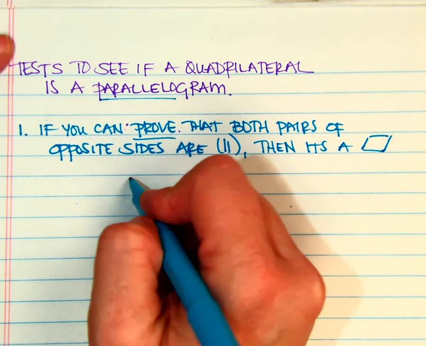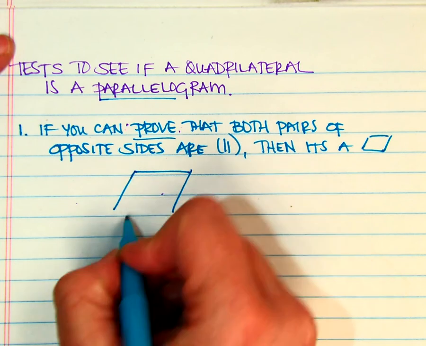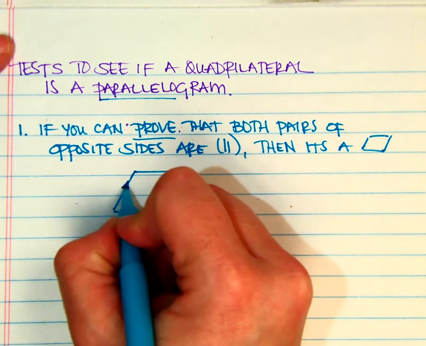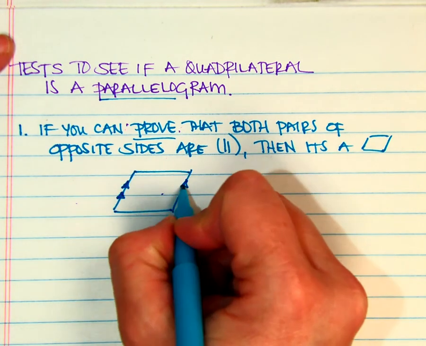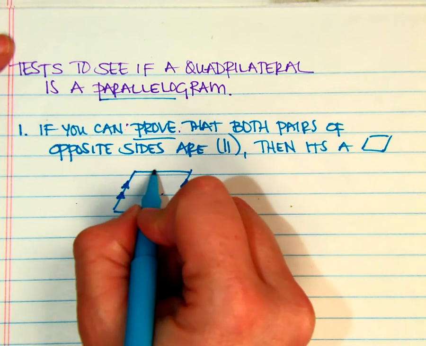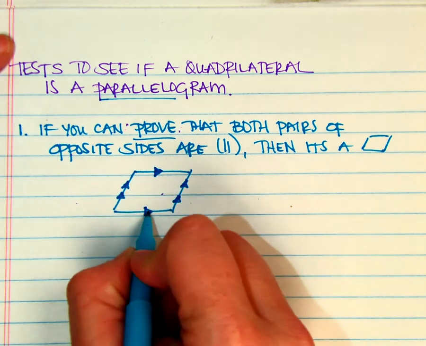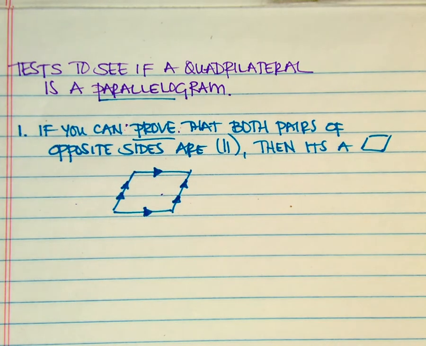So if somehow you can prove or show that these opposite sides are parallel and the other pair is parallel, then yes, you can state it's a parallelogram.